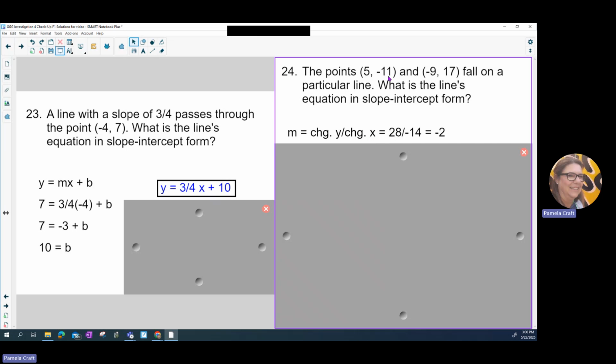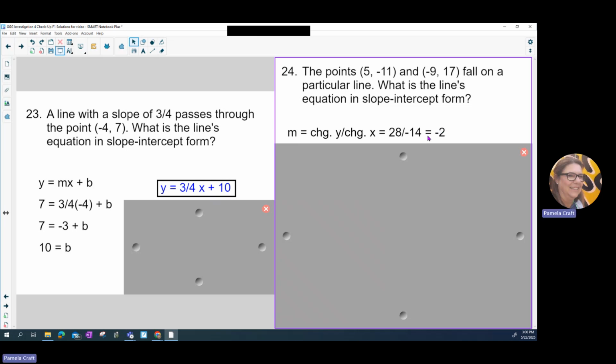So the change in y, I'm going from -11 to +17. That's a change of 28. I'm dividing that by the change in x, which is 5 to a -9. That would be -14. So 28 divided by -14 is -2. That's my m, or my slope.